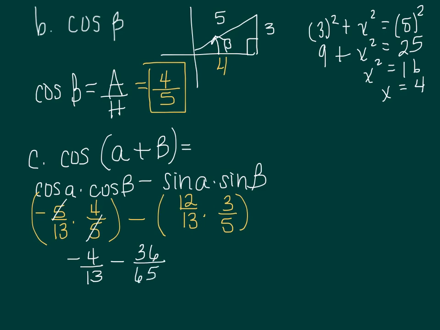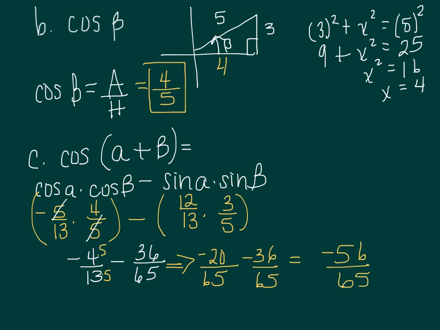And you know you have to get a common denominator, so I'm going to have to multiply both top and bottom by 5, so both of my denominators are 65. Therefore, my answer is -56 over 65.